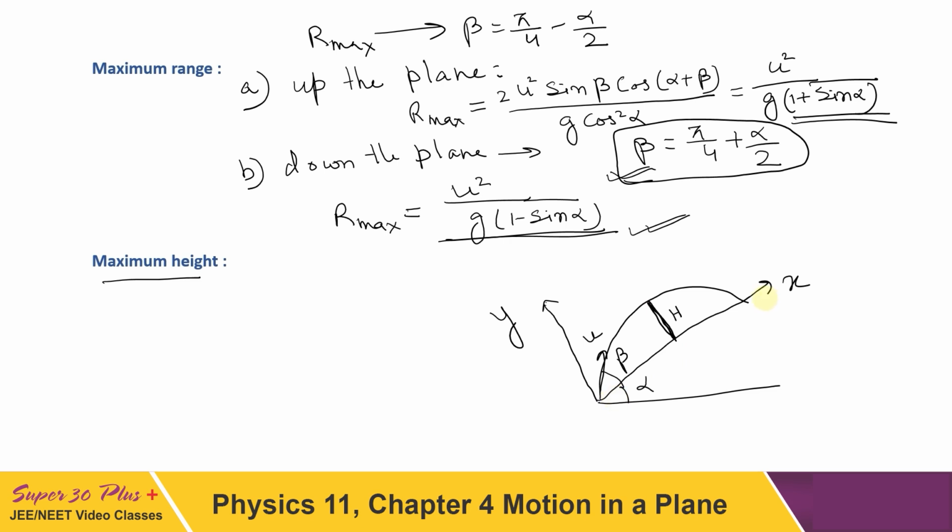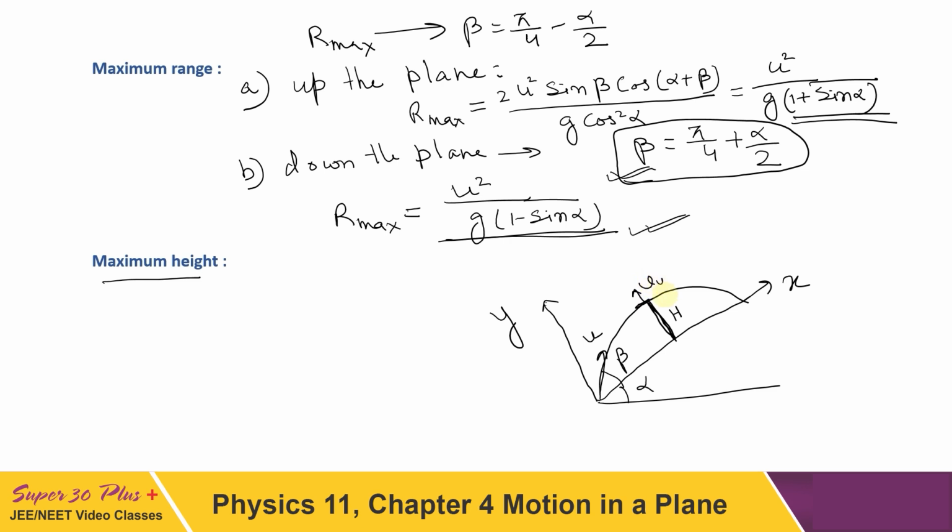So when we are writing maximum height with respect to the incline, what should be the condition here? We know that for maximum height, if it is in the vertical direction, the vertical component of velocity should become 0. Similar is the case here. When it is maximum height with respect to the incline, the y component of velocity should become 0.